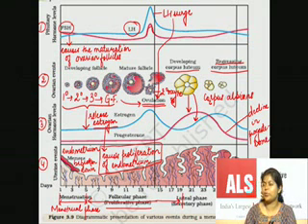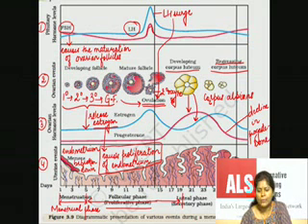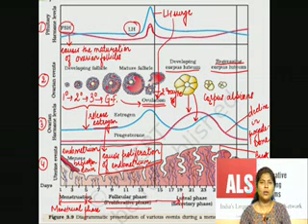So, decline in progesterone causes what? Decline in progesterone causes breakdown of the endometrium.